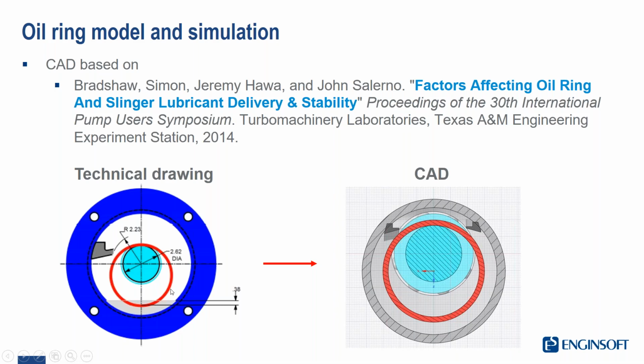We will go into detail about the objective of this study and also the comparison with our simulation. But the idea is that we tried to replicate the technical drawing in the best way possible, and we recreated a digital model of the same system to have the best comparison we could between the experimental and the simulation setup.